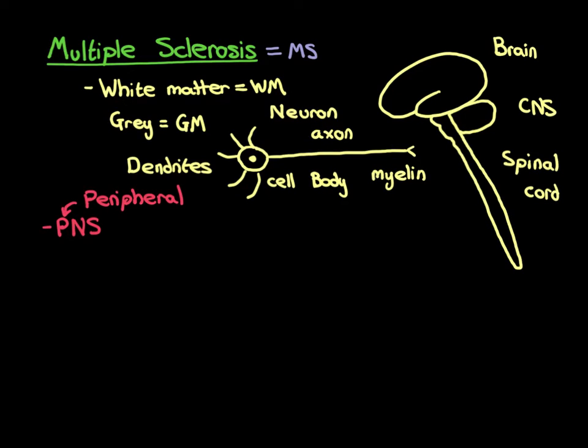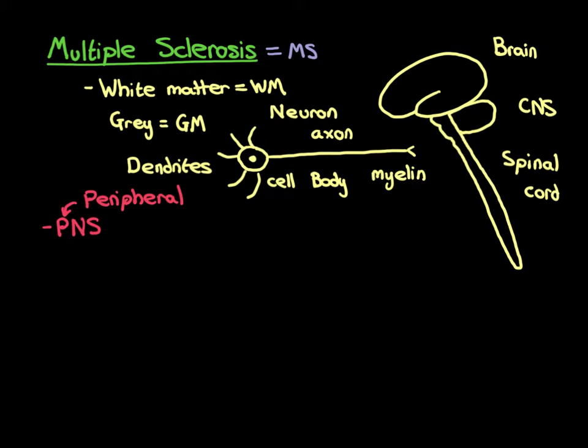And even though those nerves will consist of loads and loads of axons, and therefore are considered white matter, they are not going to be attacked in multiple sclerosis. So multiple sclerosis does not attack white matter of the peripheral nervous system. So your peripheral nerves do not get attacked in multiple sclerosis.